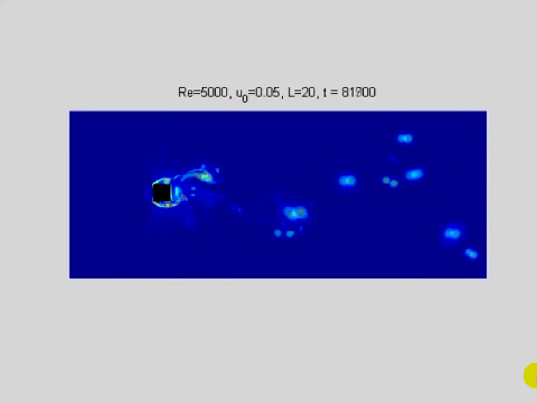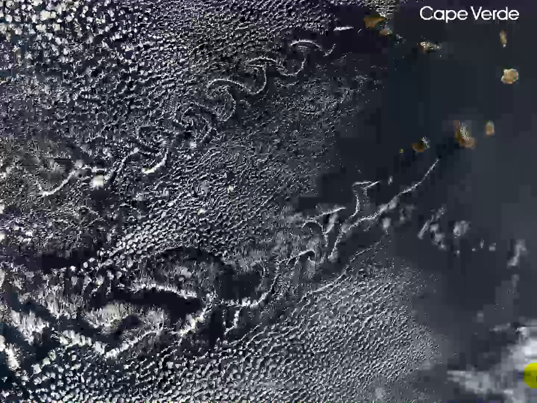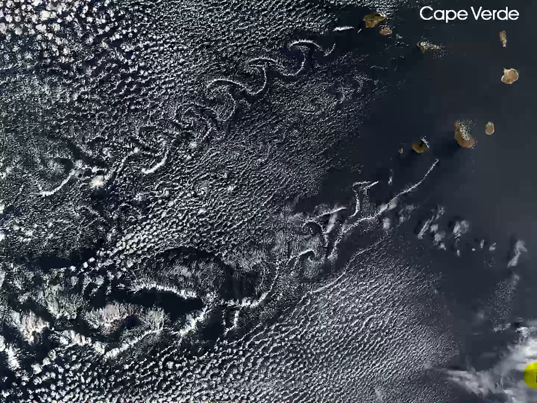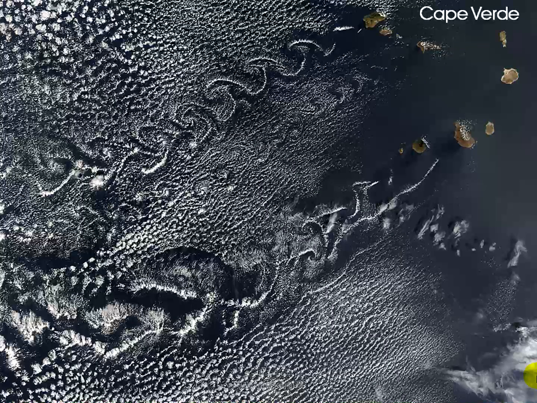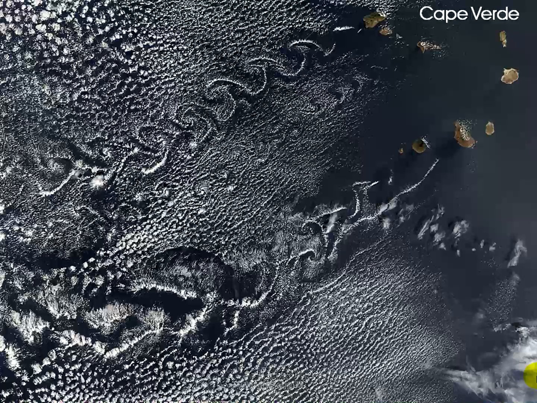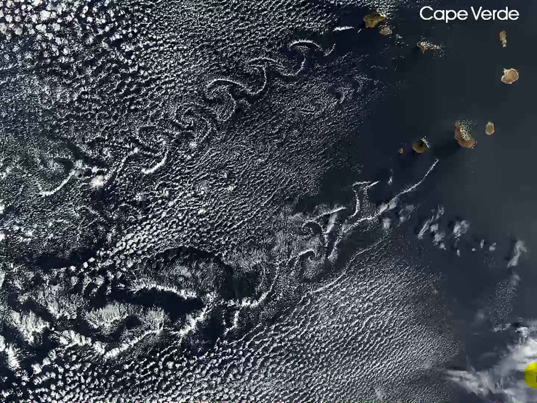So this is what happens when you increase the scale of the problem, and this actually happens at every scale. This is a satellite picture of the islands of Cape Verde. You see these wakes behind the islands. Jupiter's spot is also a kind of vortex like this.